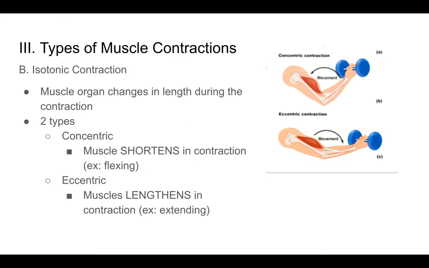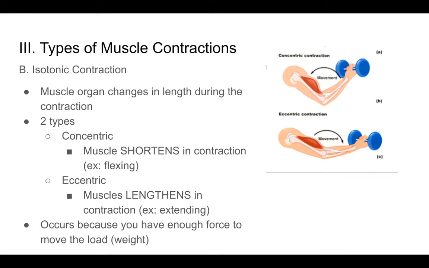And if we're focused on one specific muscle like the bicep here, in performing both of these contractions, we are doing sort of opposite movements or motions. The reason that your muscle is changing its length is because you are applying enough force with your muscle to actually move whatever the load is.